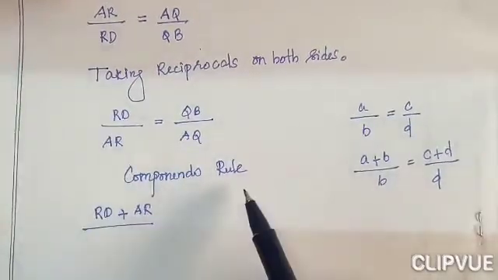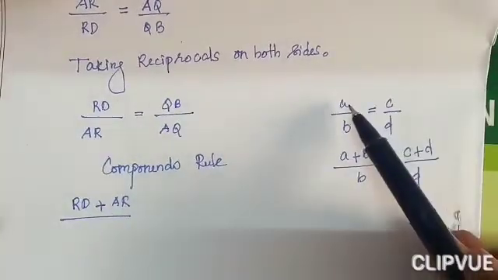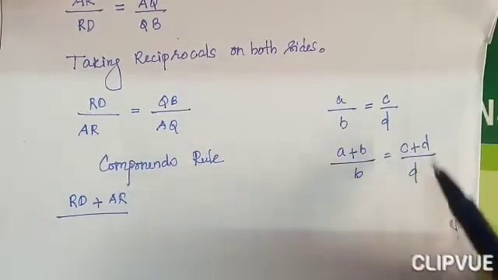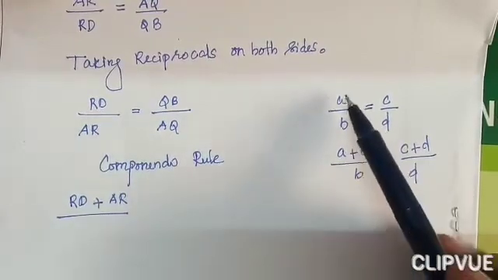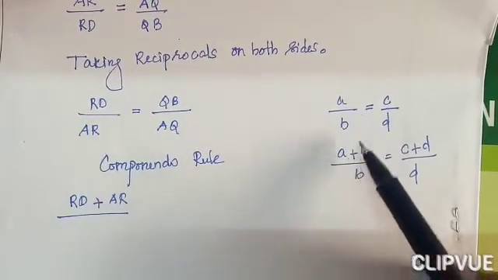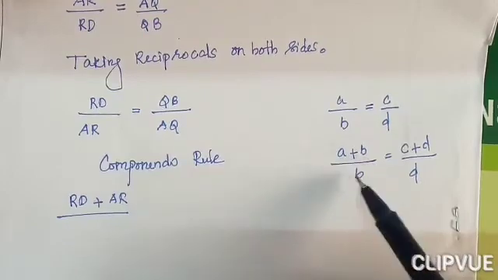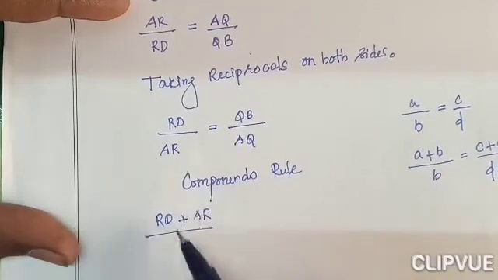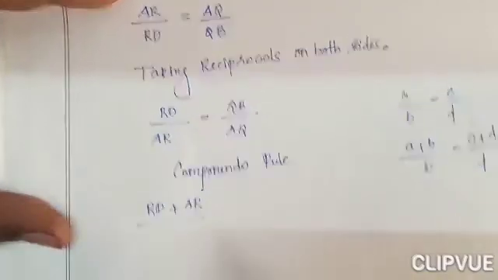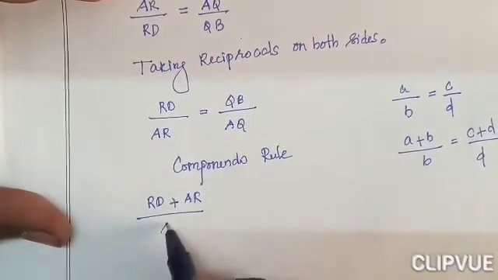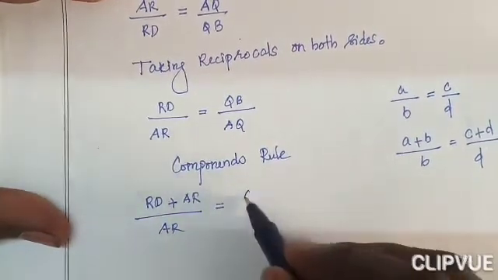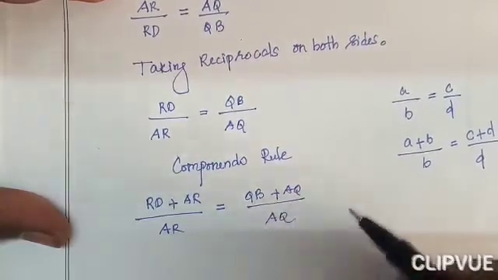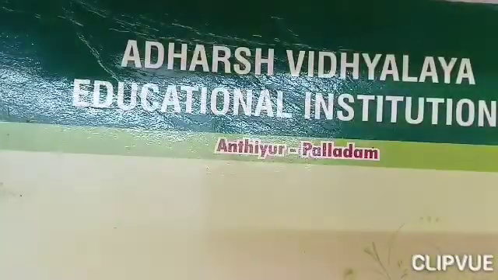Here this is the numerator, this is the denominator, so we add the denominator to the numerator as it is, like the right side also. So here I applied RD plus AR by AR equal to QB plus AQ by AQ.